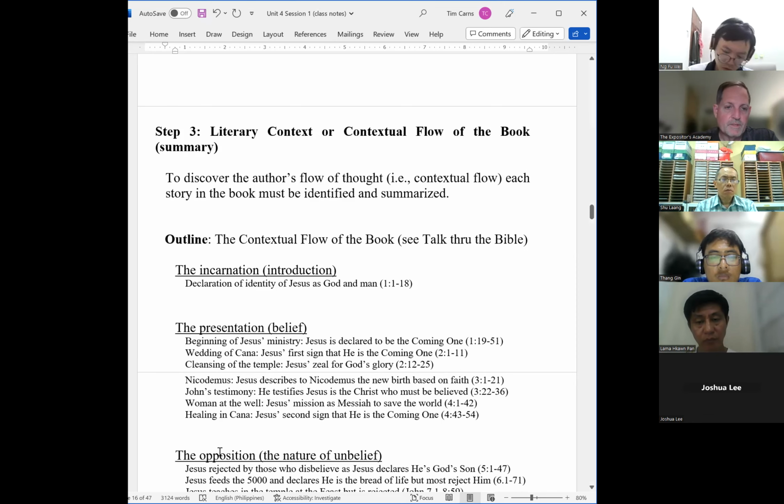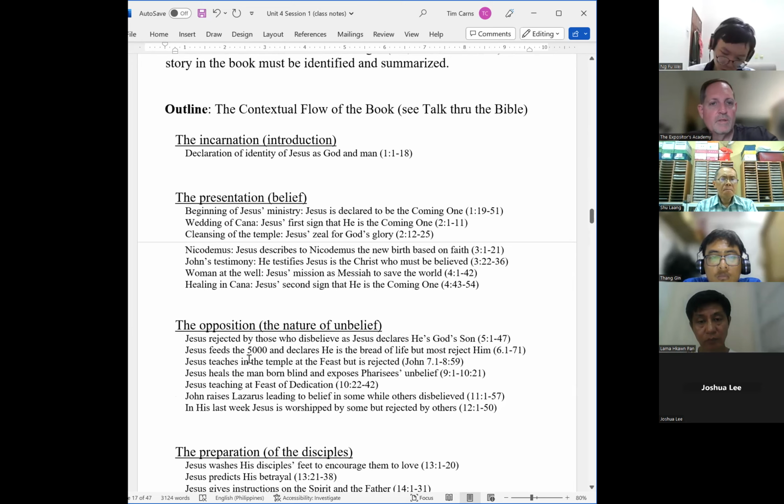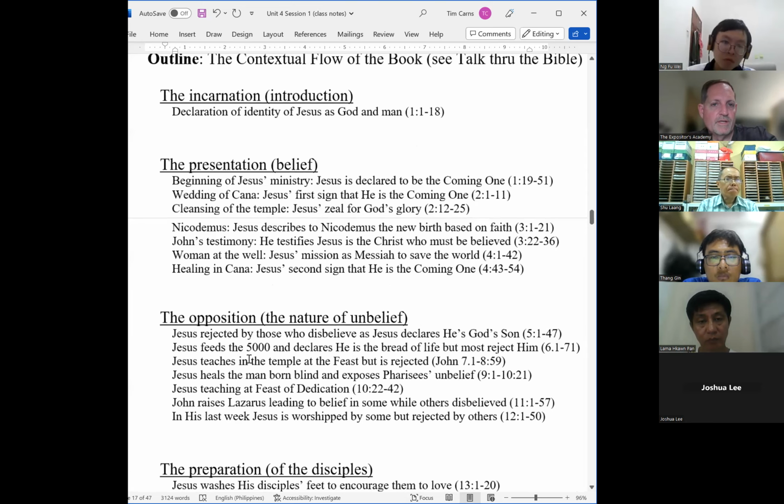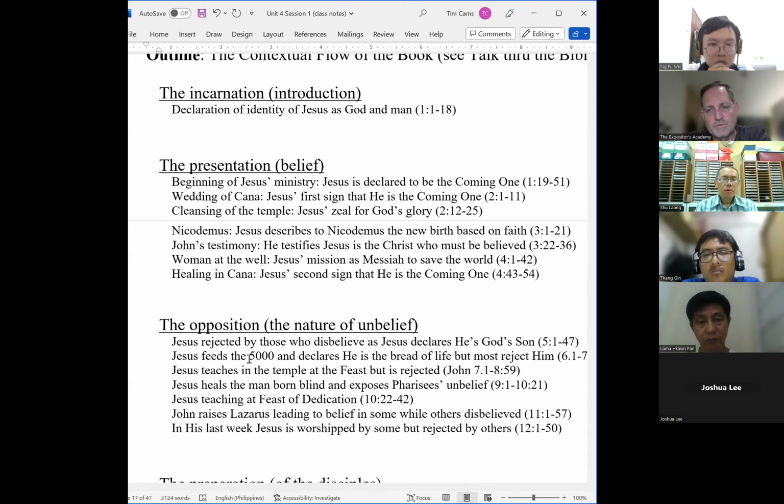And so what I did here, I don't know if you can see it very well, it'll be in your notes that I send you, is I basically tried to summarize or identify each story in the book. That's what you want to do for the contextual flow. When you're studying a narrative, identify each story in the book, so you can at least see each of the unique stories within the book.